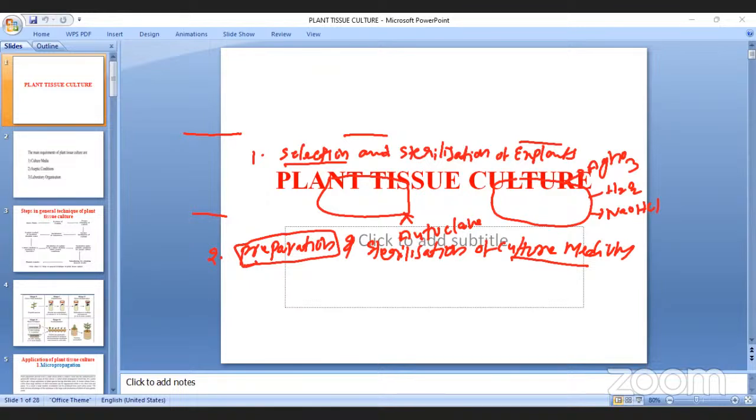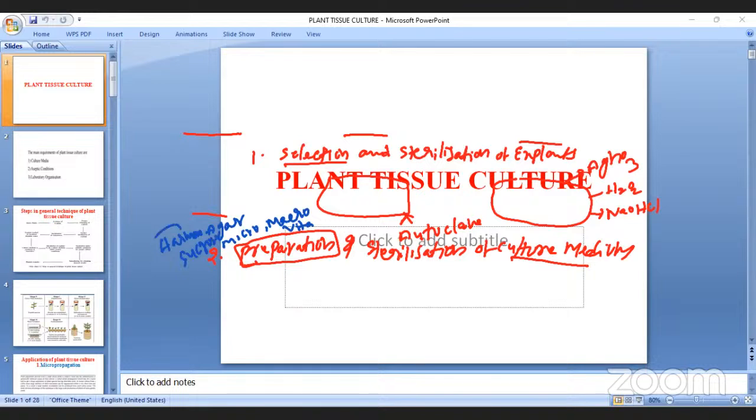they need agar, micro and macronutrients, vitamins, hormones, and sucrose solution.